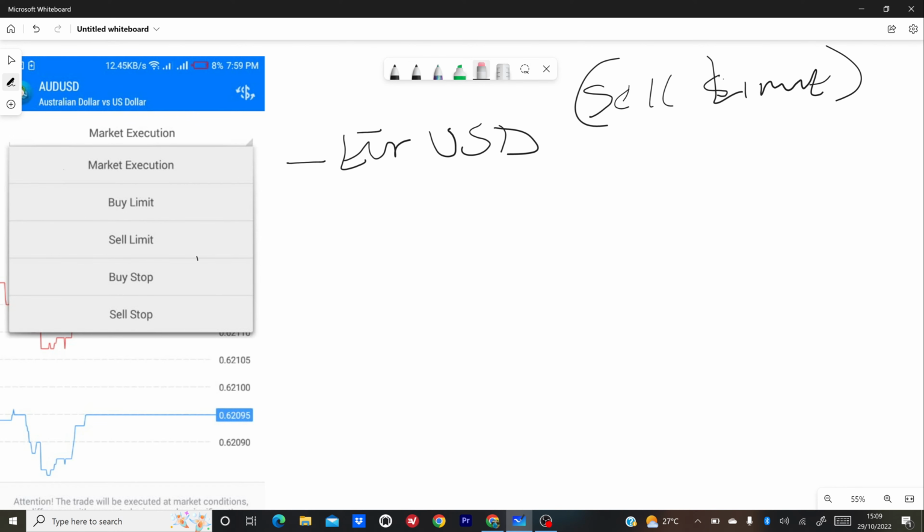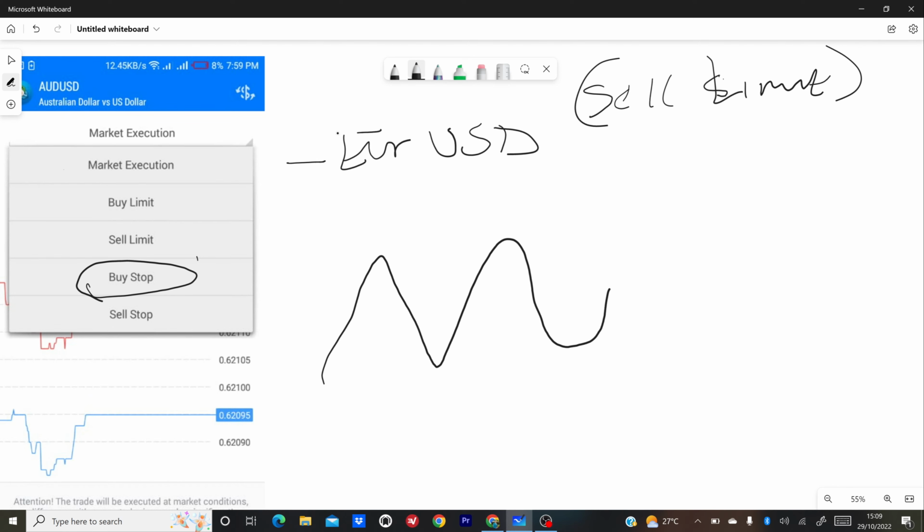So let's talk about the buy stop. When we talk about the buy stop, assume now this market is moving this way. This market has been moving this way, and then you realize there is this point here.